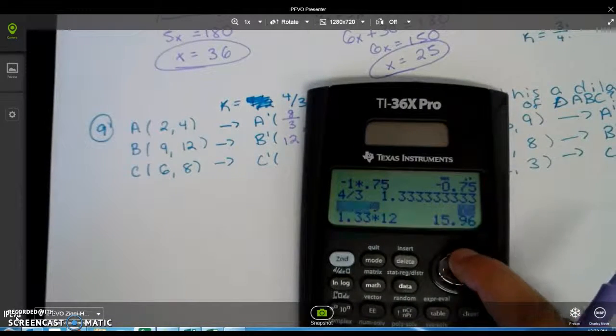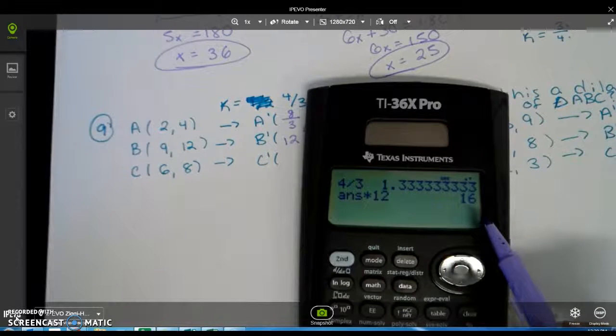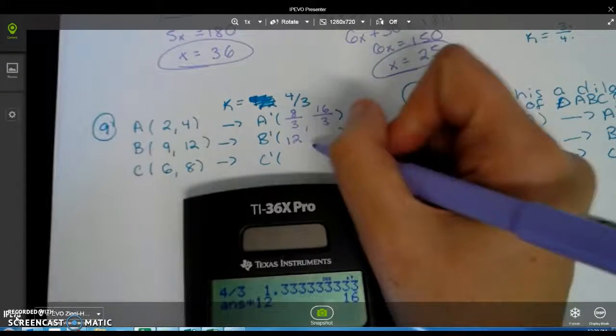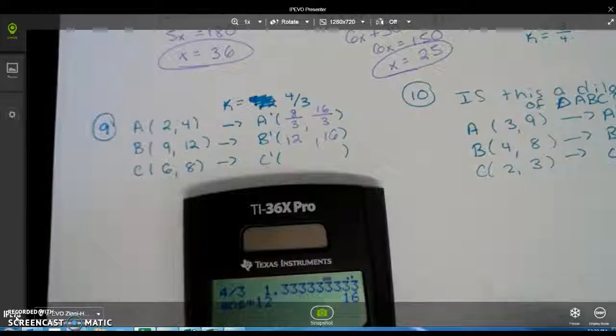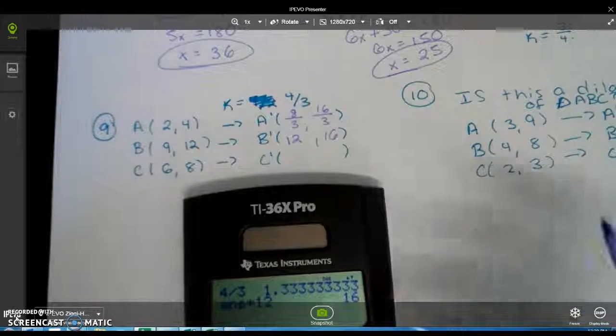So if I went back up and said answer times 12 instead, so let's do 4 divided by 3. I'm going to get a whole number. This is why it's nice to multiply by the fraction. And if you do that on the test and you've got a repeating decimal like that, you're going to get messed up and you'll have a whole number that the actual answer is.